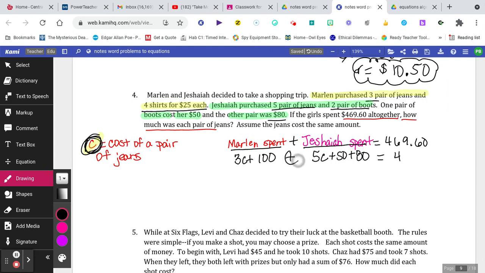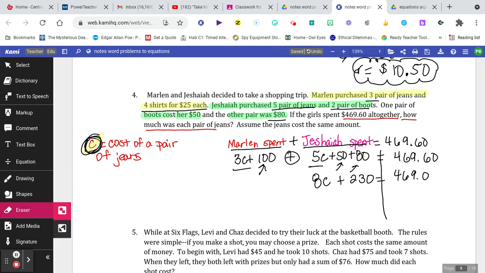But together, their total was $469.60. So now I'm going to combine like terms. 3C plus 5C is 8C. And then 100 plus 50 is 150. 150 plus 80 is 230. And I just solved the two-step equation.